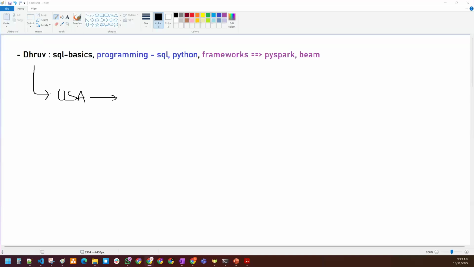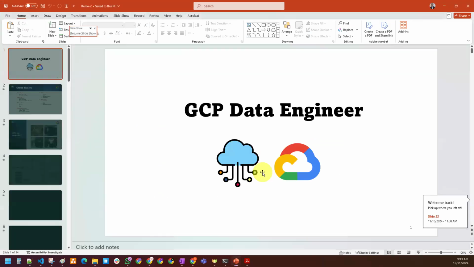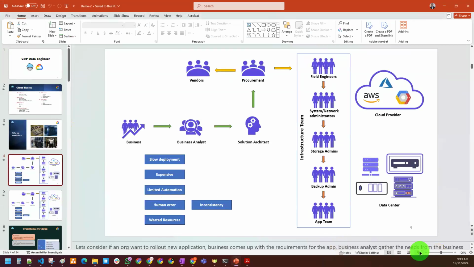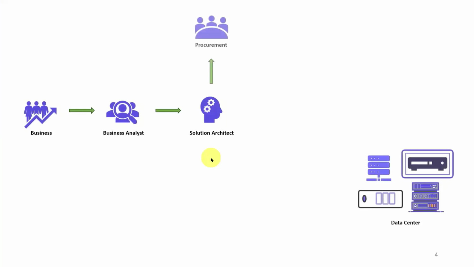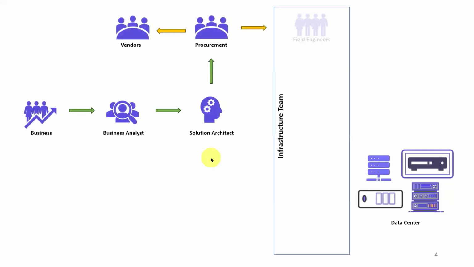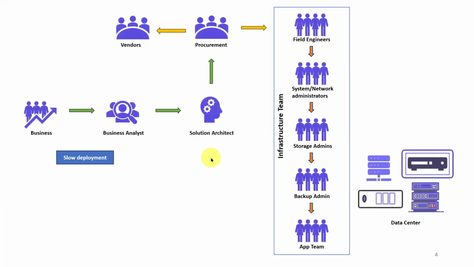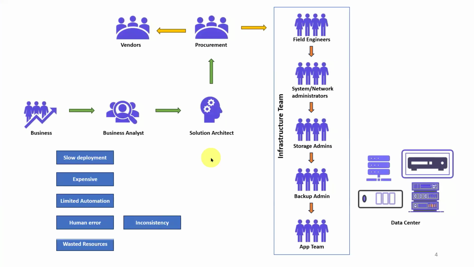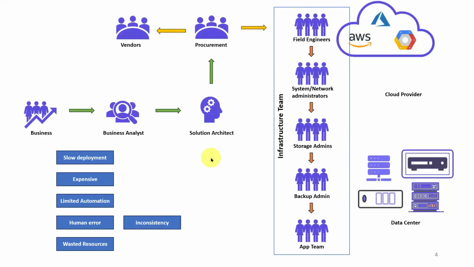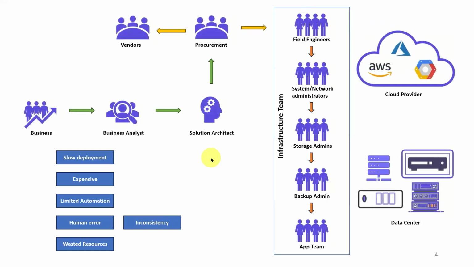I would like to show you end to end how an application is started, and how a business analyst, solution architect, data center, procurement team, vendors team, and infrastructure team are all interlinked, what the challenges of the traditional methodology are, and how cloud platforms came into the picture. That is tomorrow's session. If anyone has any questions, you can ask me. Otherwise, we can wind up the session.